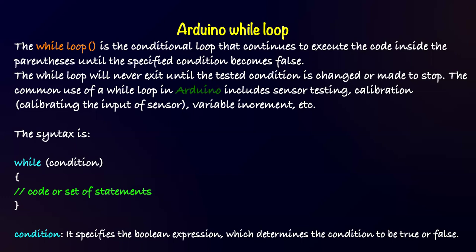Now, what is the syntax over here? This is a very simple syntax. You can see already. While, in the first bracket or parentheses, the condition must be given, just the same as the for loop, and then within the curly brackets, we give what we need to do in the rest of the code.